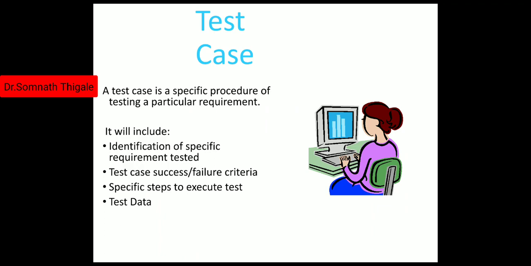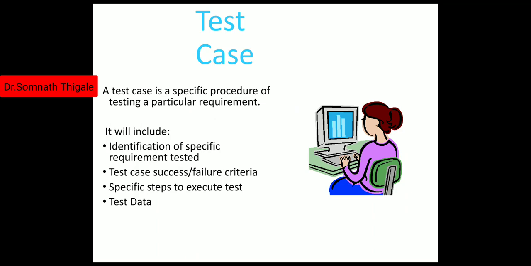Now what is the meaning of a test case? The test plan just tells what to do, how to do, and when to do, but the detailed description of that test plan is in the test case. The test case is a specific procedure of testing for a particular requirement, which covers identification of the specific requirement to be tested, test success and failure criteria, specific steps to execute the test, and the test data.